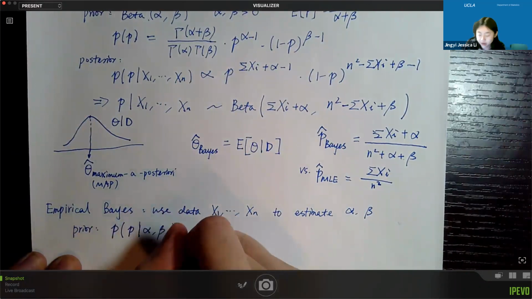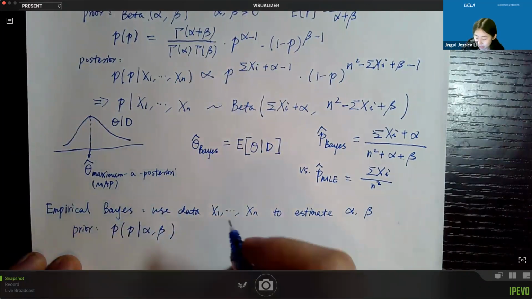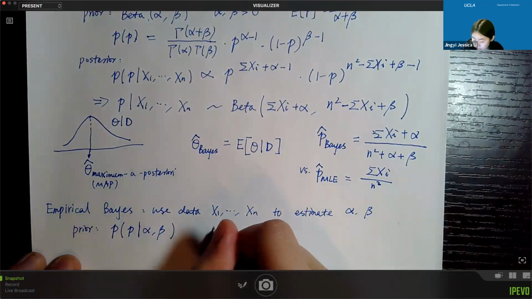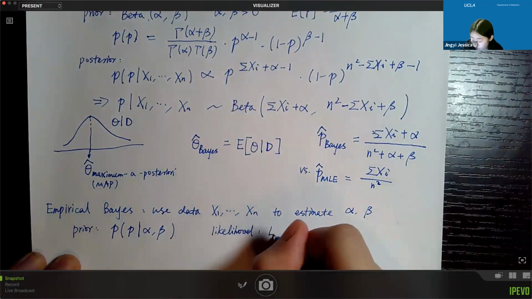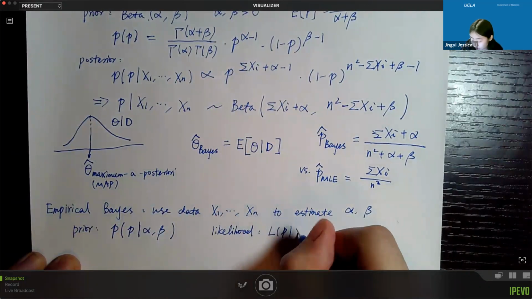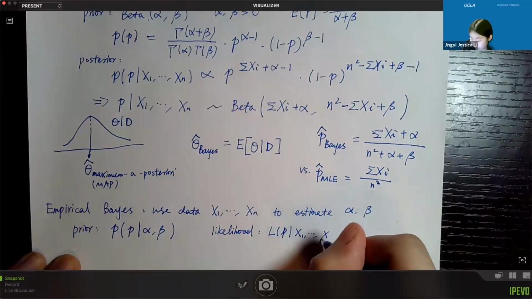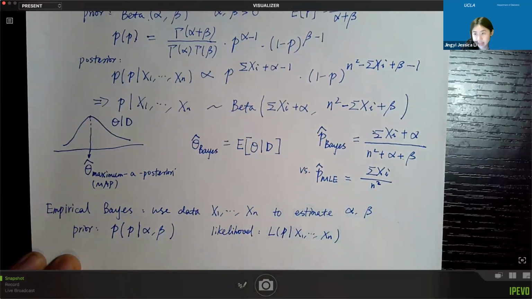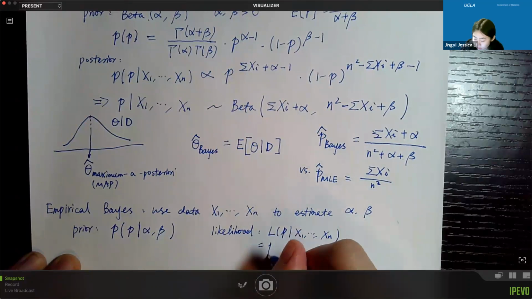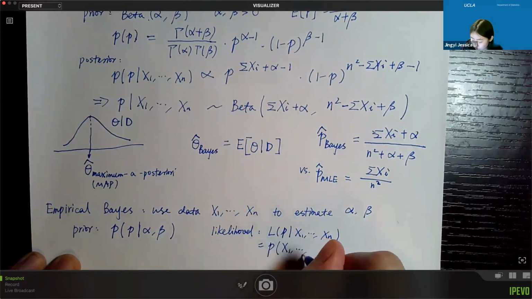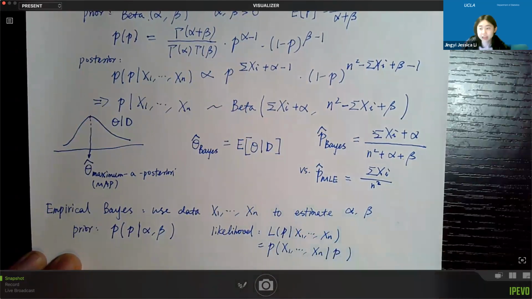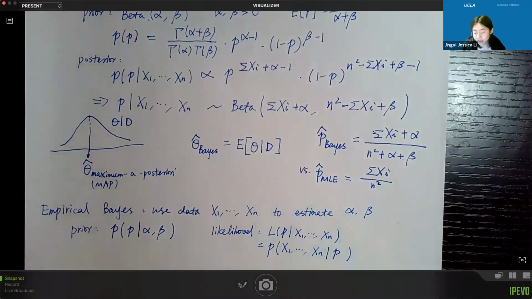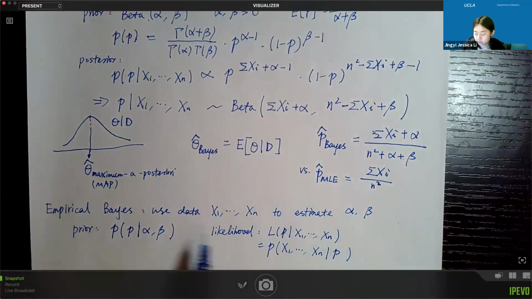And for the likelihood, L of P given x1 to xn, we can say it takes the same form as the joint density of x1 to xn given P. In the Bayes formula, to get the posterior, we multiply the prior with the likelihood.